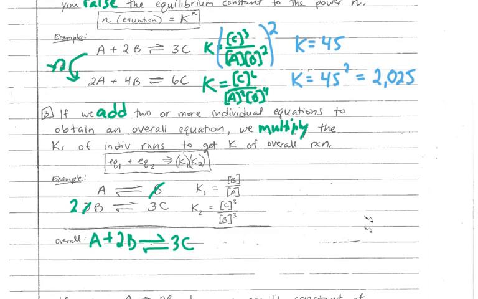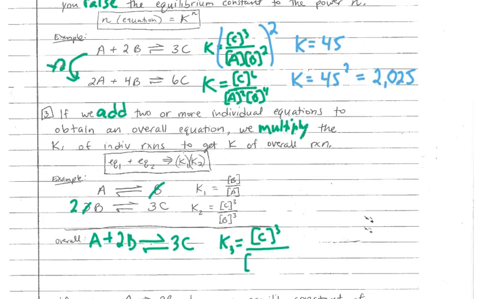We'll call this the overall or the third reaction, and if we map out the equilibrium constant expression, we would get this.